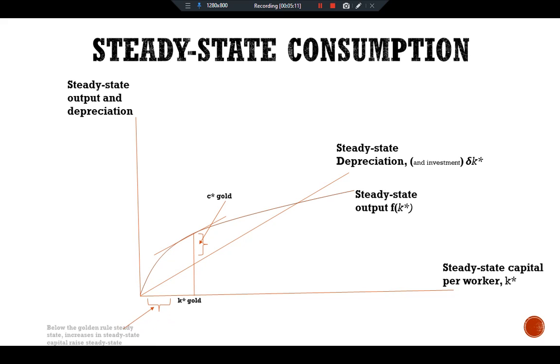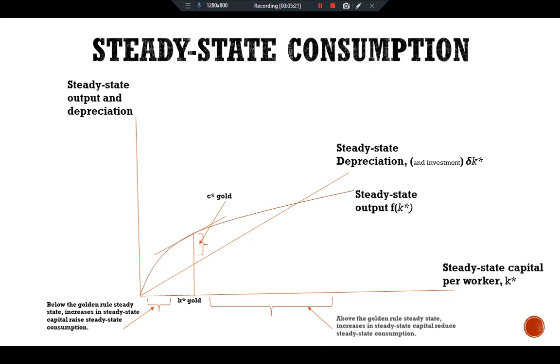Below that point, an increase in steady state capital raises steady state consumption, and above that point, increases in steady state capital reduce steady state consumption.